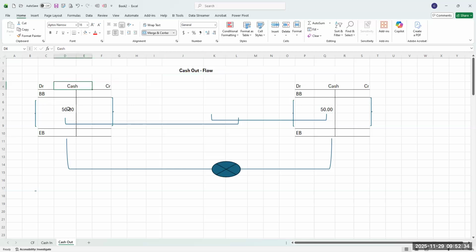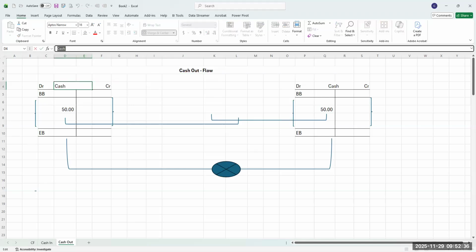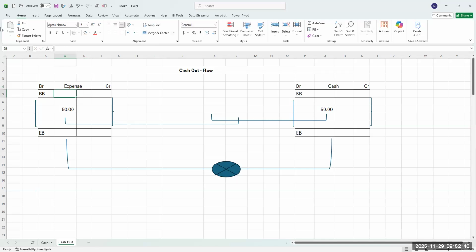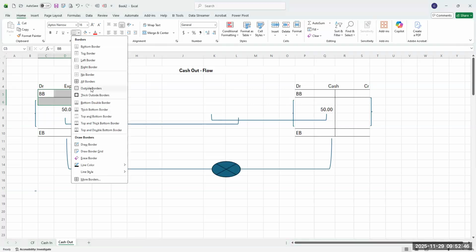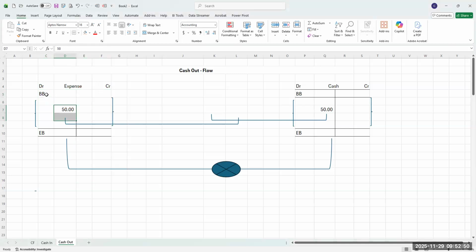And on this side, we're going to have expense. Now, expense, that's not beginning balance. There's no beginning balance on the expense. Let's not confuse you. Not ending balance, because that's a simple income statement account which has simple debit and credit. That's all.